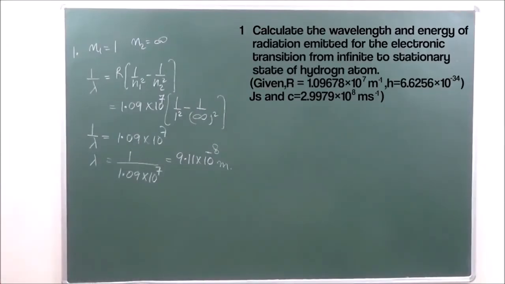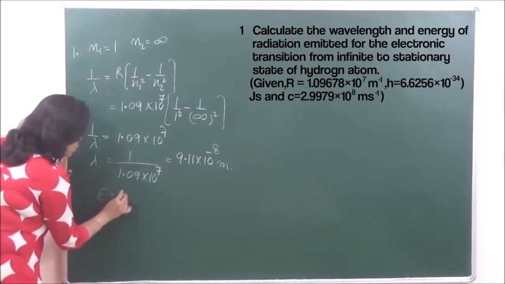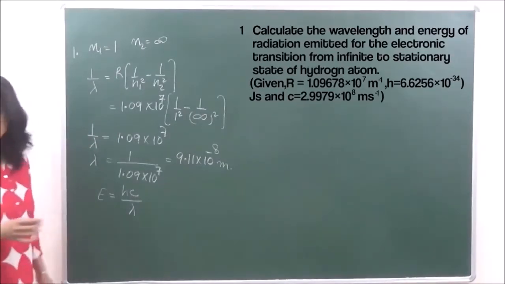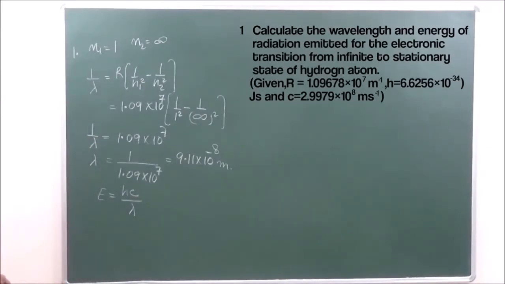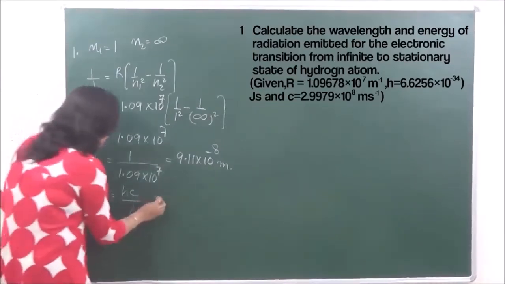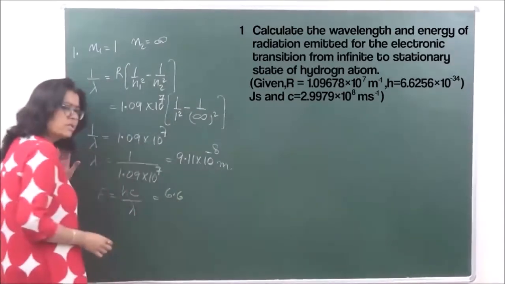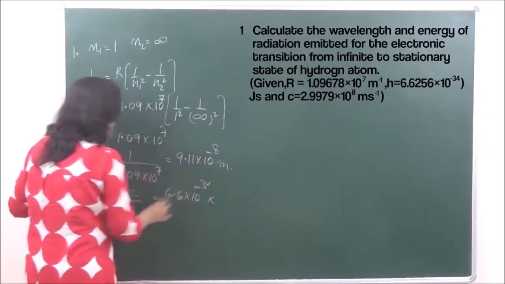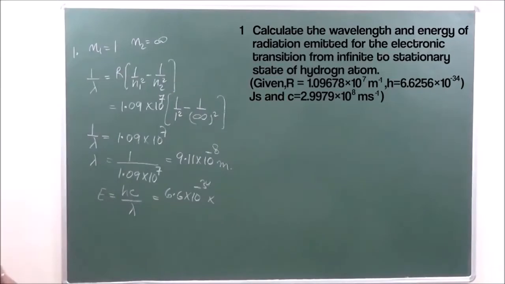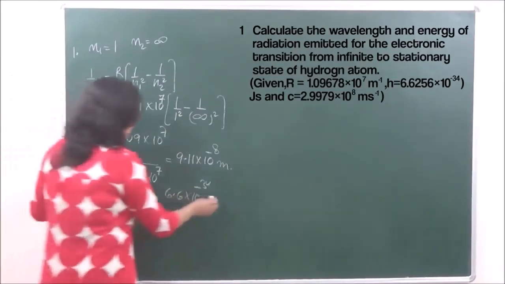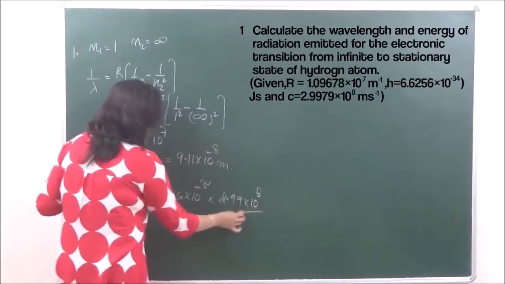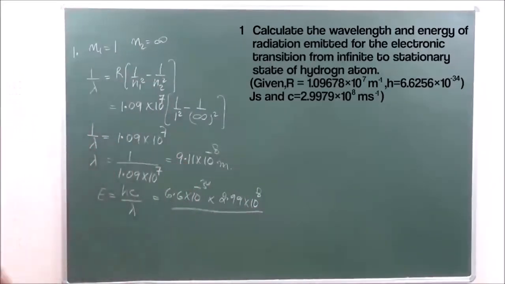Then the second part of the question is that we need to calculate energy. We know that energy is equal to hc upon lambda. The value of h given in the question is 6.6256 into 10 raised to power minus 34, so we can take it approximately as 6.6 into 10 raised to power minus 34. Velocity of light is given as 2.99 into 10 raised to power 8, upon the value of lambda.